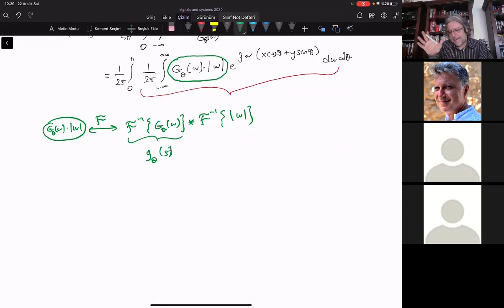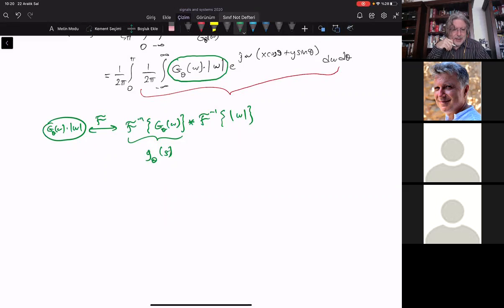How about the absolute value of omega? If there were only omega, it would look better. Or even better, if there were j omega: when you multiply some Fourier transform by j omega, it actually corresponds to a derivative operation in the time domain. You remember that?